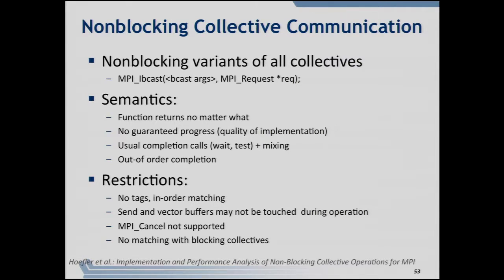The same definition holds for the collectives: if you call an MPI I broadcast, it will return without waiting for any remote operation. Whether it does anything or not is not guaranteed. That's a quality of implementation. One acceptable implementation would be to do nothing in the MPI I broadcast, just queue up that operation, and then implement it in the test or wait. That's not very efficient, but you have deferred it and done it at the end.